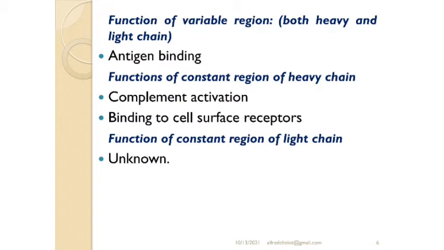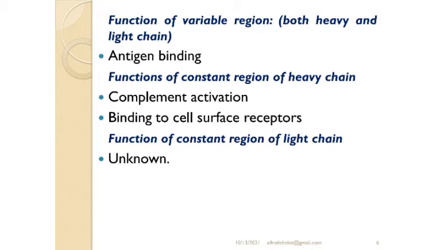Now, moving on, what are the functions of the variable and the constant regions? For both heavy and light chain, the variable region will provide the antigen binding site. That one is very important for you to understand. It is also key for you to know that antigen-antibody interaction involves electrostatic and van der Waals forces, and also hydrogen and hydrophobic bonds.